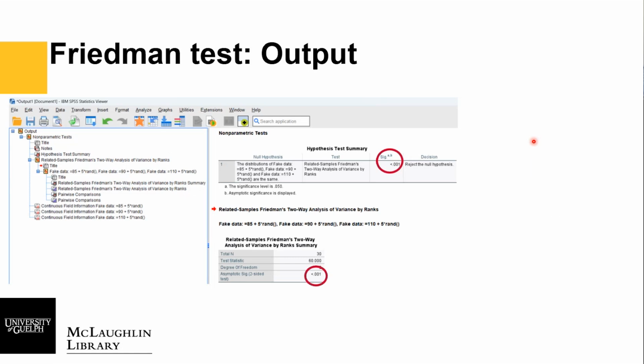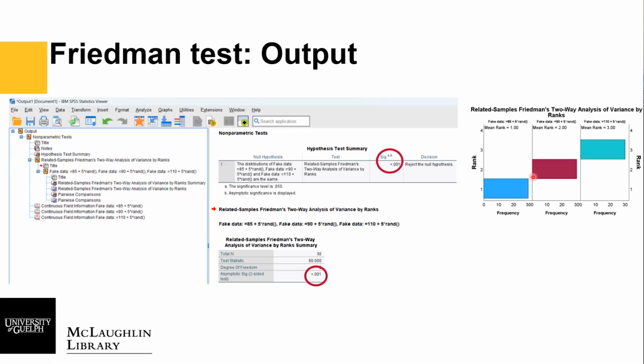If you scroll down a little bit, you should have a plot that looks something like this. For whatever reason, the non-parametric tests put things horizontally instead of vertically. So you're probably used to seeing these graphs on the vertical, but it's put it horizontal. And essentially, what this is showing you is it's ranking your 3 different options. This is a little bit of a weird test to look at.